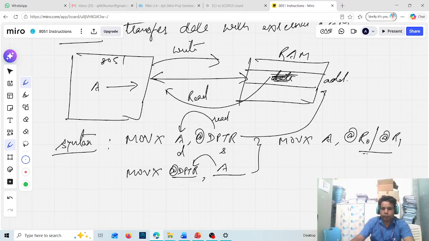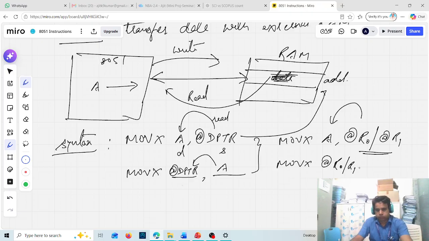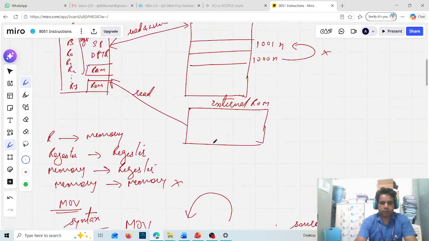So the data from the memory address pointed by R0 or R1 will go into register A. Or you can have vice versa, @R0 or @R1 as the destination and A as the source. So this is also correct; we can use the R0 and R1 registers also. So this was the move instruction. Using move instruction, you can move the data from source to destination.